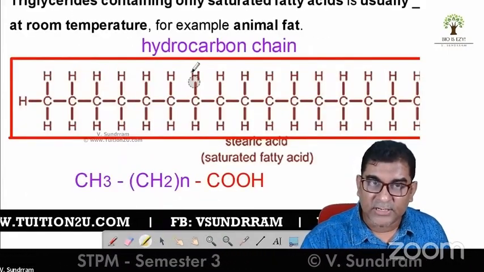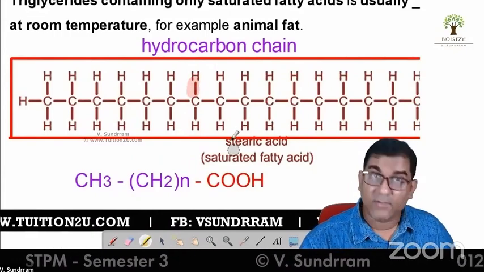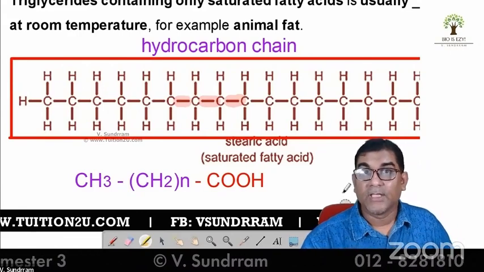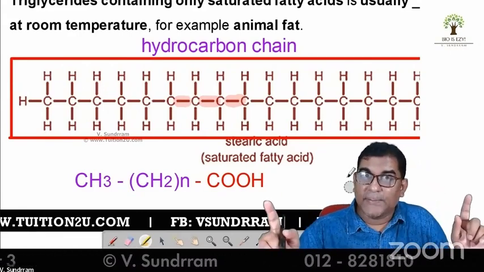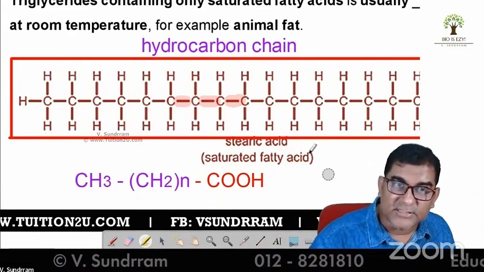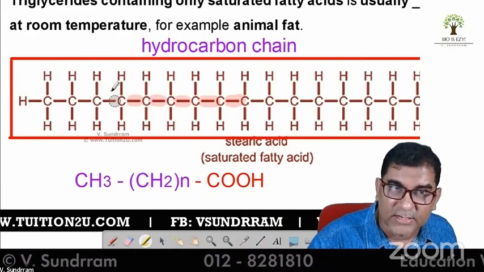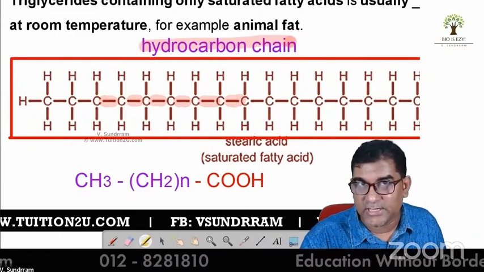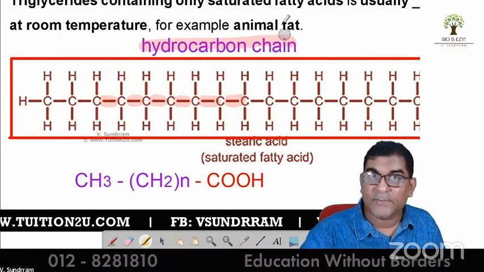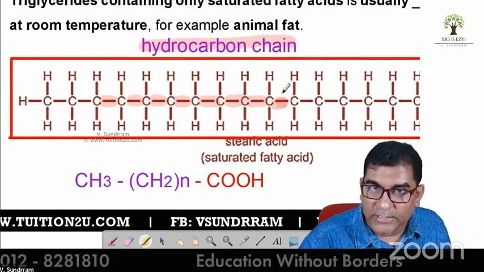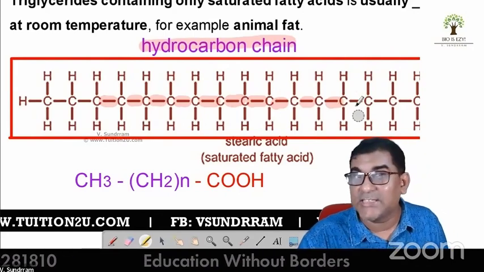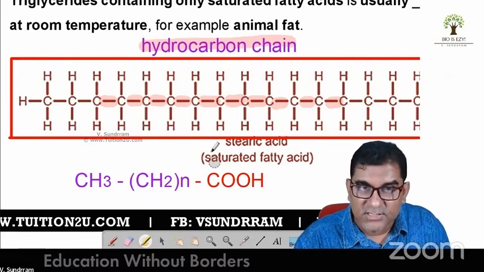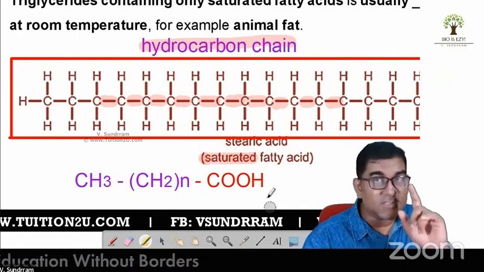That means we are not interested in this one. We are interested in this, between the carbon. If between the carbon, all of them are single covalent bonds in the hydrocarbon chain, this is saturated. That is the definition.